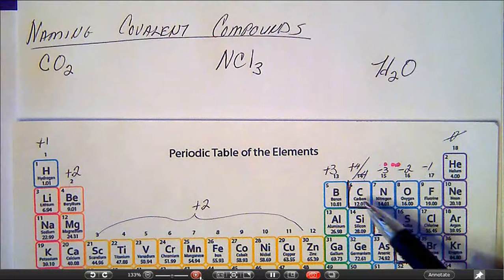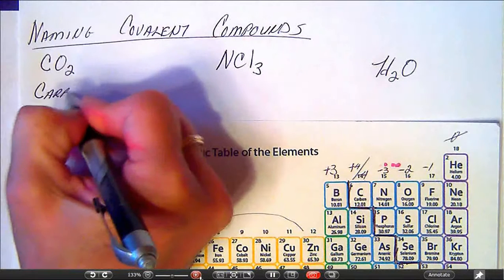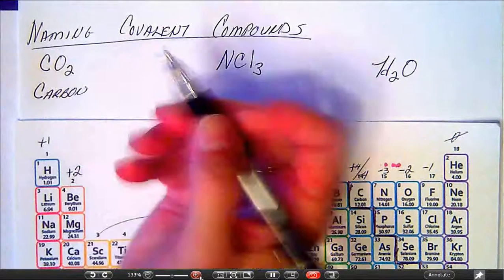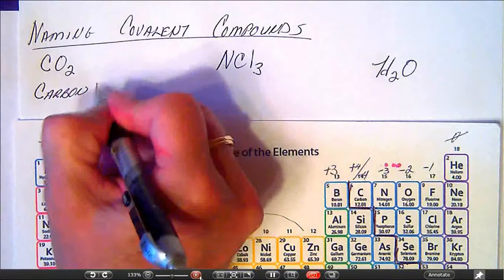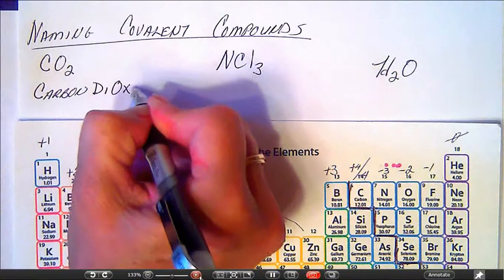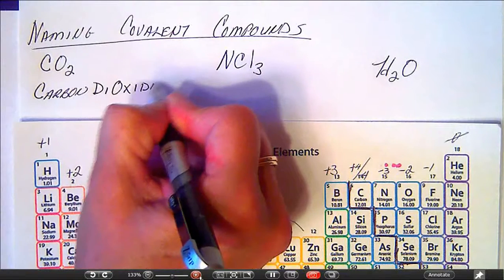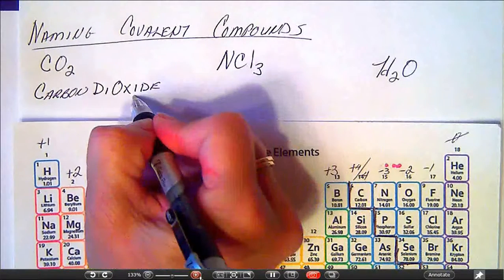So you're just going to write carbon, and then you have oxygen, but you have two. So the prefix is carbon, di, and then to know that you have a compound, you're going to change oxygen into oxide.